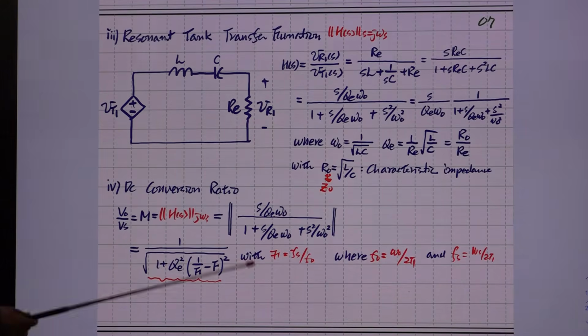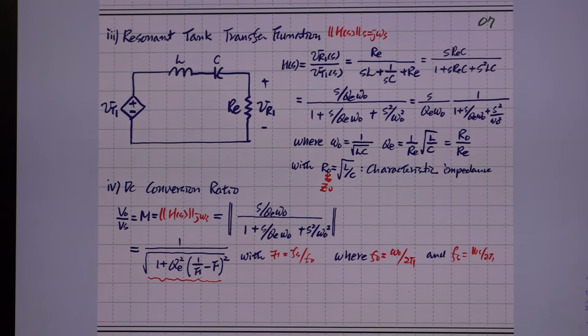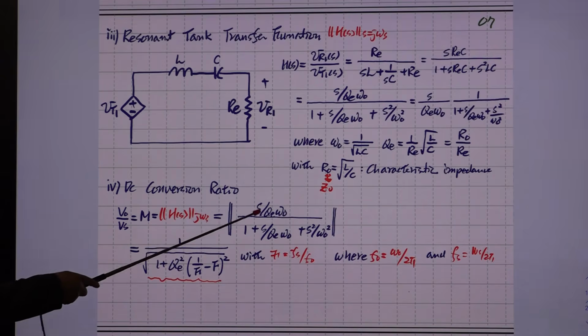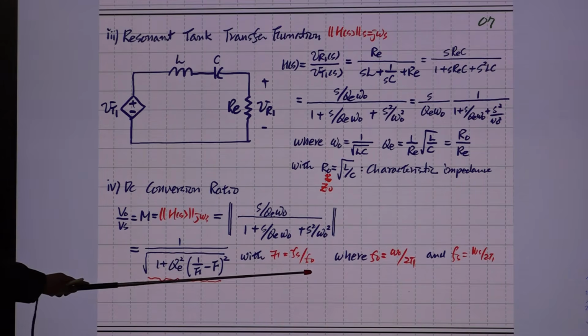And then the DC conversion ratio is the magnitude of this. Then you evaluate the magnitude of this, just putting j omega in place of s. Then you have this. This is a general expression. F here is the ratio between the switching frequency and the resonant frequency.